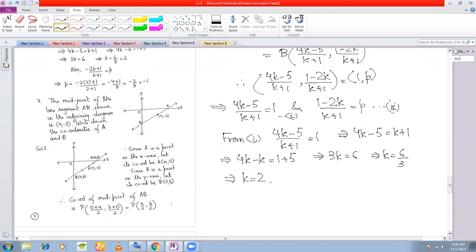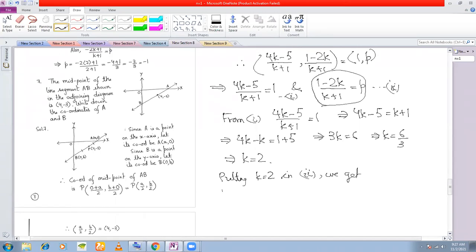Now once we have got the value of k, we put this value of k in 2 to get the value of P. Putting k equal to 2, we get P equal to (1 - 2k)/(k + 1), which is (1 - 4)/3, equal to -3/3, which is equal to -1.